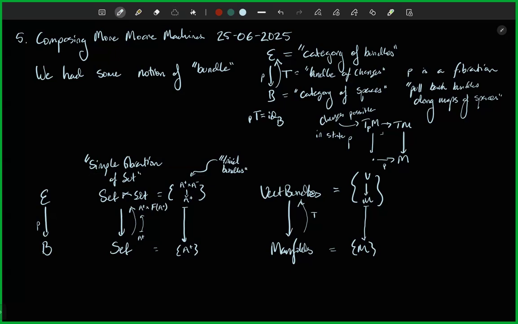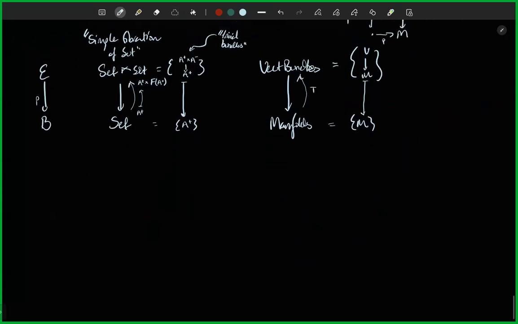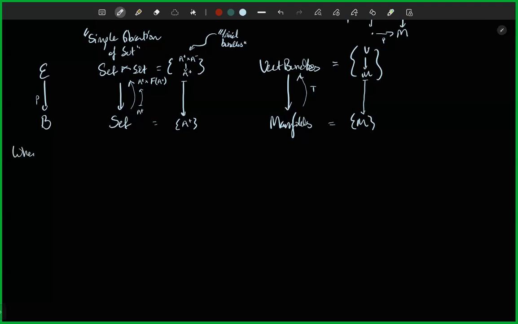So let's talk about how we get Moore machines. As we mentioned last time, given this setup, we have two kinds of maps in E. So when P is a fibration, and I should probably remind us what a fibration is.